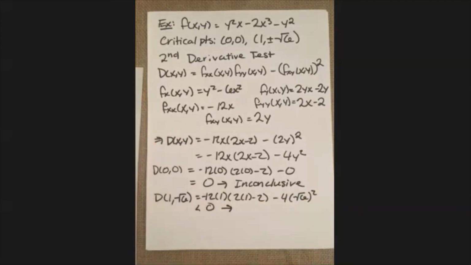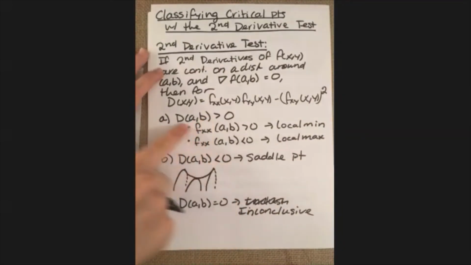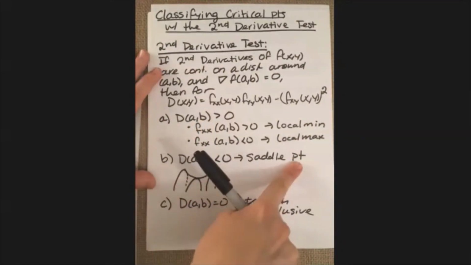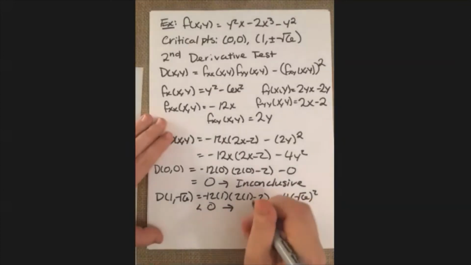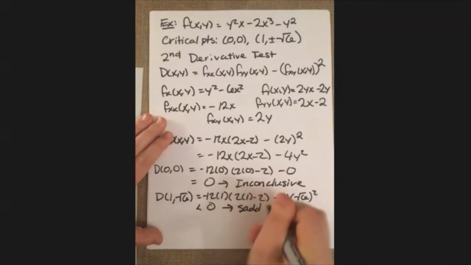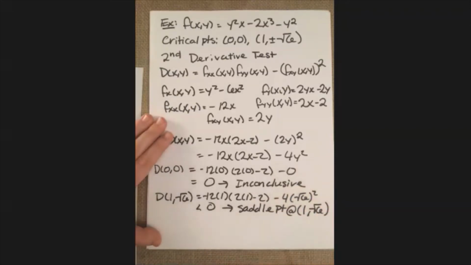So if it's less than 0, we can go back in and check. Greater than 0, we have to do the cases thing. If it's less than 0, we know immediately that it is a saddle point. So this is a saddle point at (1, root 6).